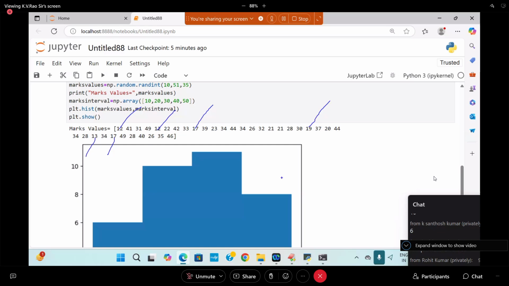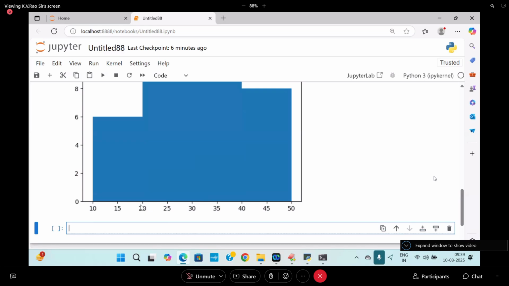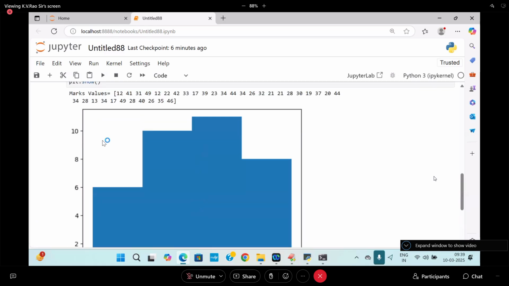Exactly 6 are there, right. Now 20 to 30. How many are there? 10 are there.